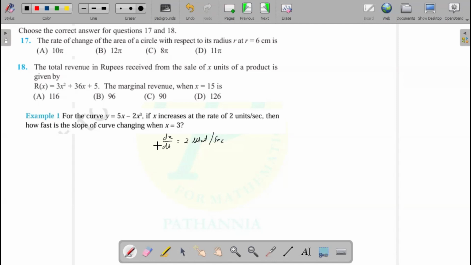So therefore I write it down dx upon dt. How fast the slope of the curve changing? You know what is the slope of the curve? dy upon dx. Differentiation जो आप करते हैं, slope of the curve जो है वो आपको पता होनी चाहिए. That is dy upon dx.